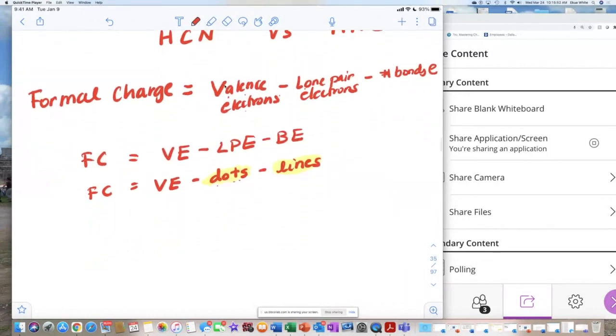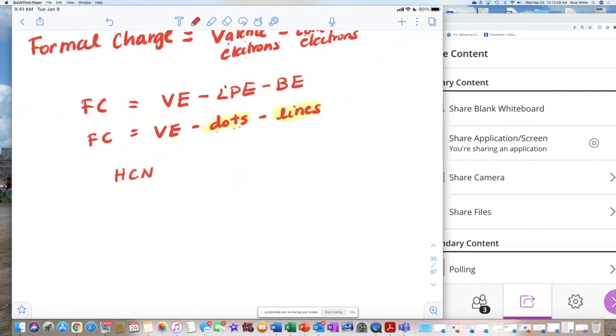I'll start with HCN. I saw the way they did theirs, so is this how I want to do it? Yeah, it's okay.